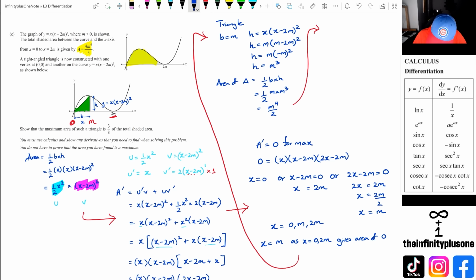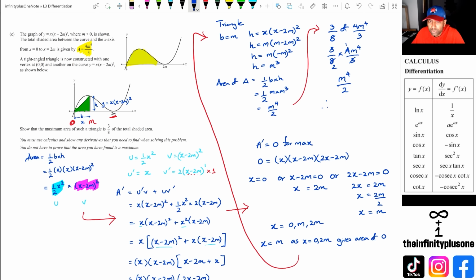Let's go 3/8 of the yellow area, which equals 4m to the power of 4 over 3. So we're going to get 3/8 times 4m to the 4 over 3. That cancels out to 1 and 2. We're going to get m to the power of 4 over 2. And then you can say that, well, I mean, what can you say here?